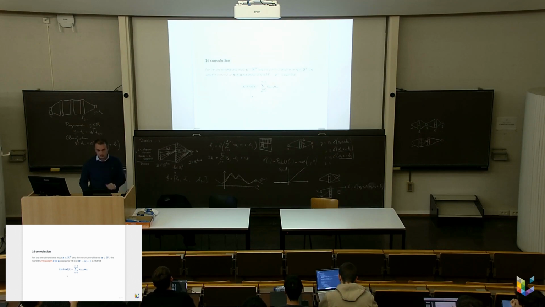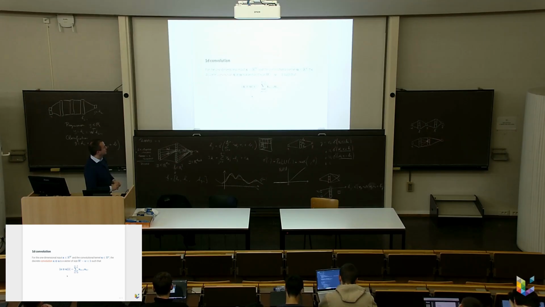These convolutions are defined in this way. I will define it first for the one-dimensional case, where we have just vectors, and then I will generalize that for images in 3D. So let's assume that we have a one-dimensional input, x, of size W. Then I will define a convolutional kernel u as a smaller vector of size lowercase w.